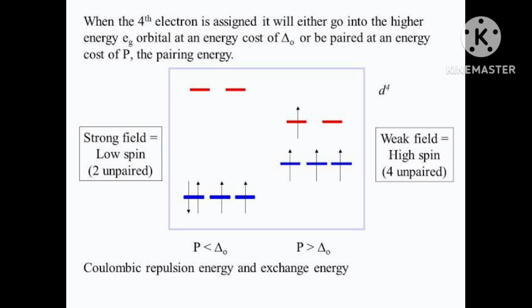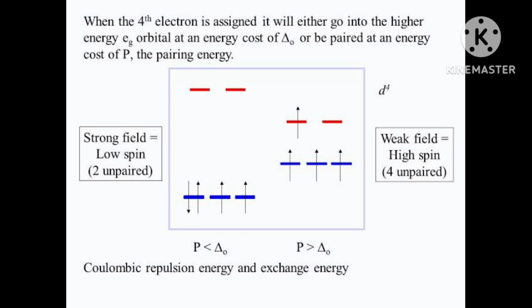Remember this value: in tetrahedral splitting, it will be the reverse of octahedral, and the values will also reverse. 2/5 will be for t2g, and 3/5 will be for eg.